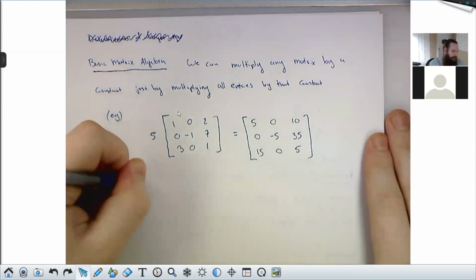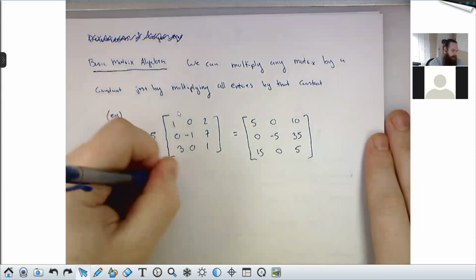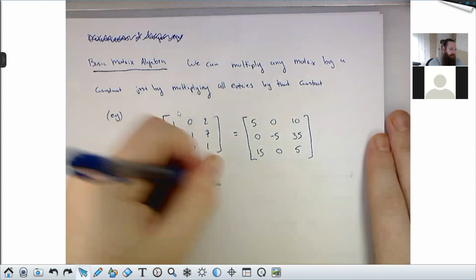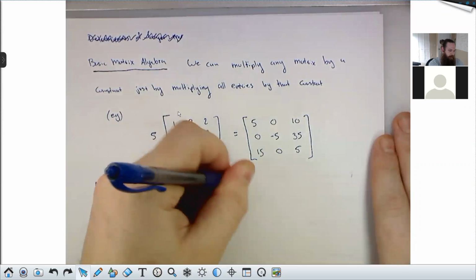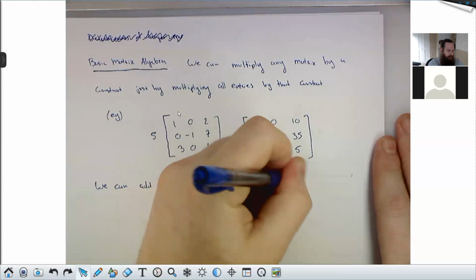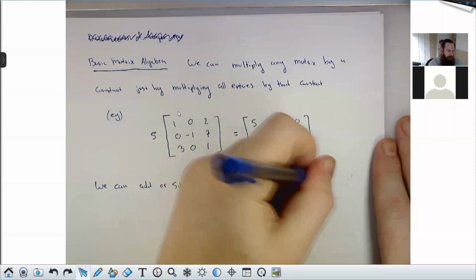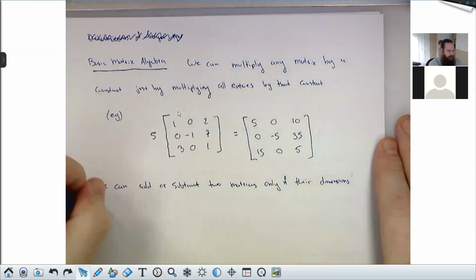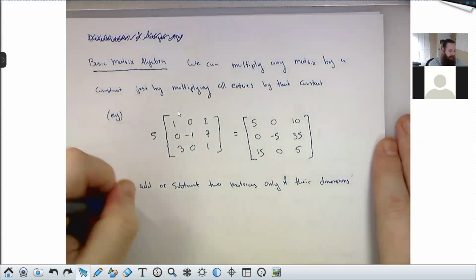We can add or subtract two matrices only if their dimensions match exactly.